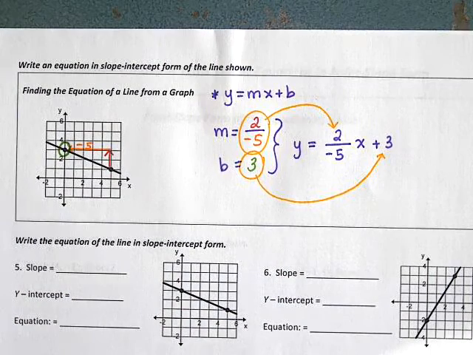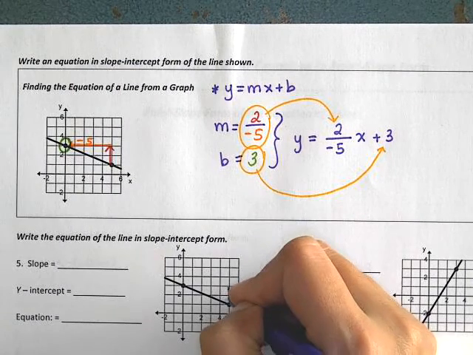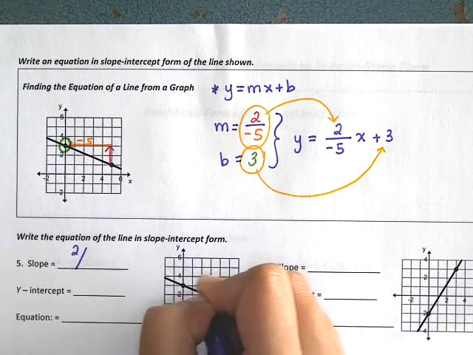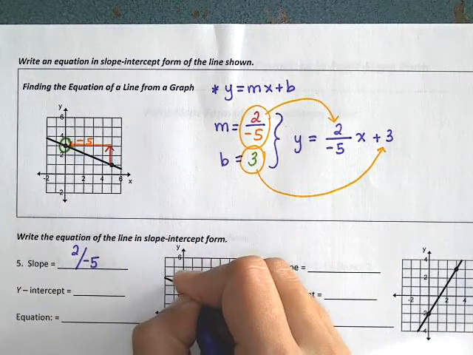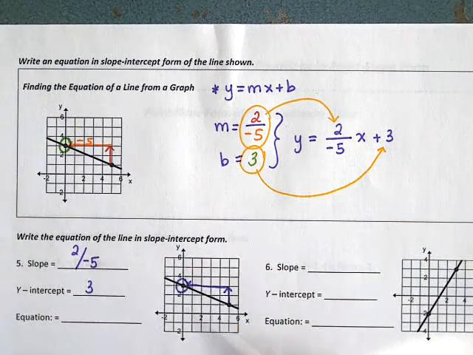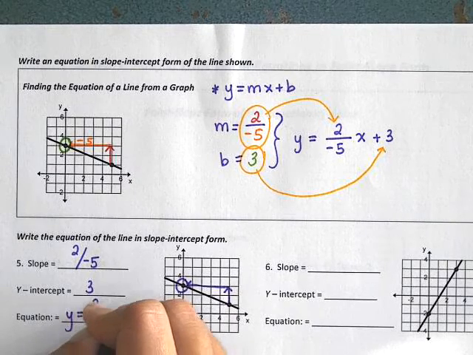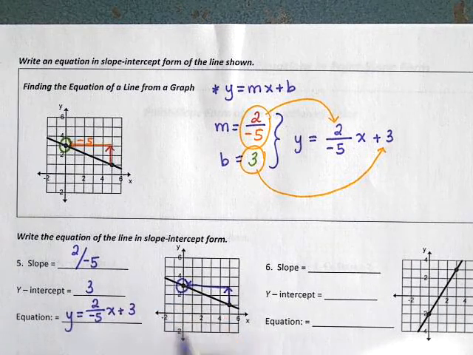All right, let's try this a few more times. So number 5, the first thing I need to figure out is the slope. I would rise 2, run left 5, so -5. My y-intercept would be 3. So my equation would be y equals 2 divided by -5x plus 3.